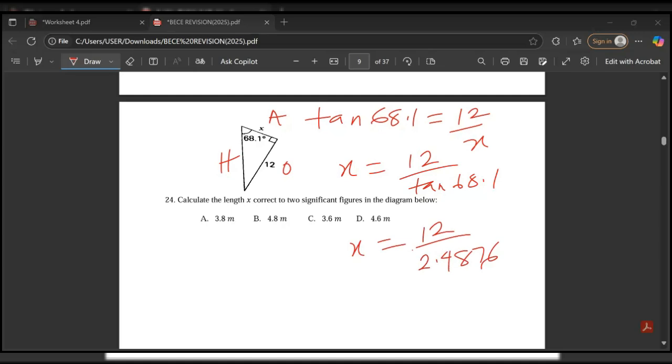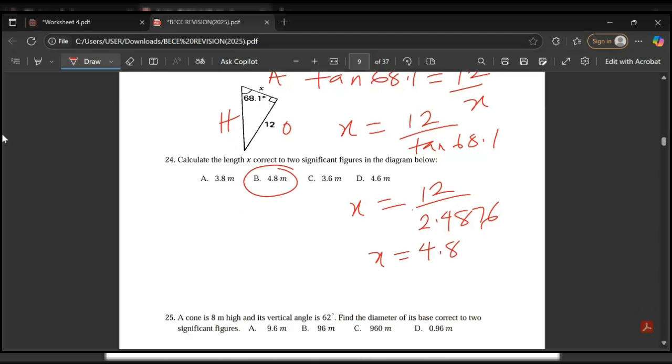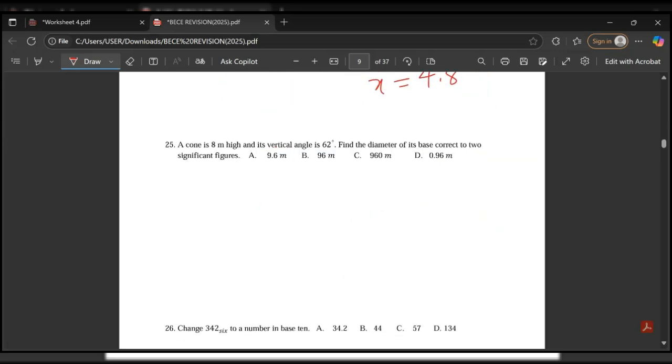All right, so let's now have 12 divided by 2.4876. So this gives us 4.8. That is option B.